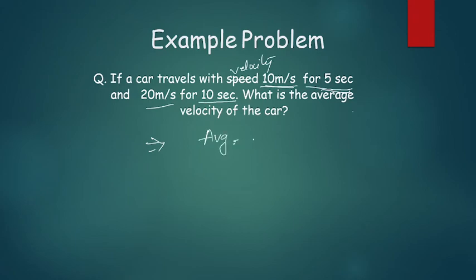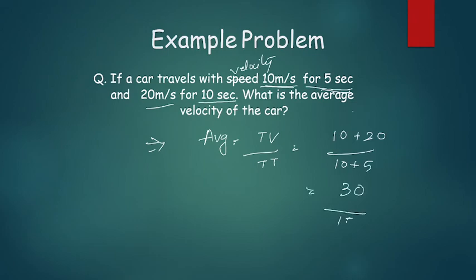Average velocity is total velocity by total time. So total velocity is 10 plus 20, total time is 10 plus 5. 10 plus 20 is 30, and 10 plus 5 is 15. 15 twos are 30. So average velocity is 2 meter per second.